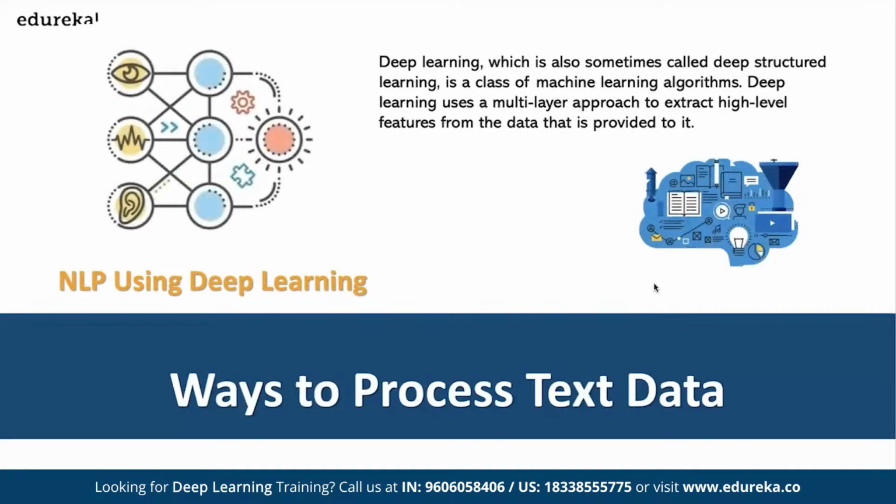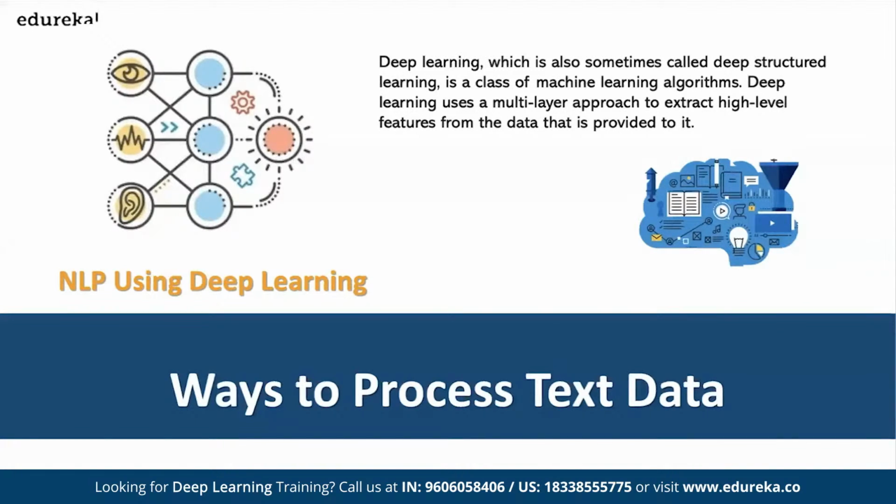And just like we can use machine learning algorithms, we can also use deep learning algorithms. In case of deep learning algorithms, what it means is instead of using a statistical model, we'll be using a structure that is called a deep learning neural network.